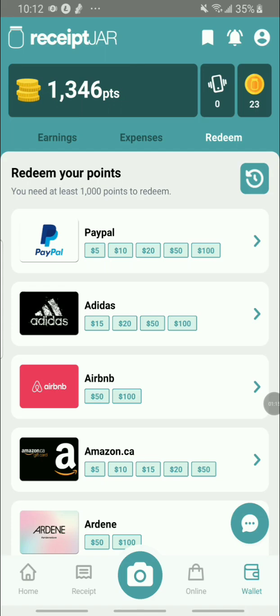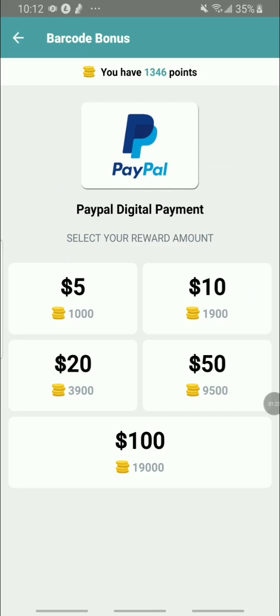It is easier and more convenient to me personally. Depending on the amount of coins we have in our account, that's how much we're able to take out, so I'm taking out $5 in PayPal money.